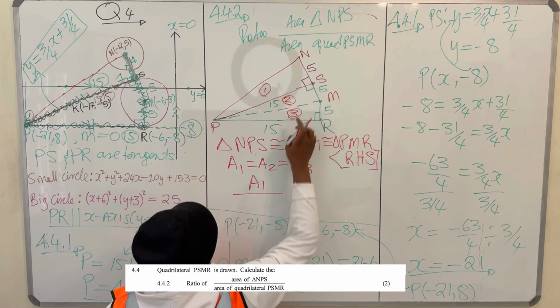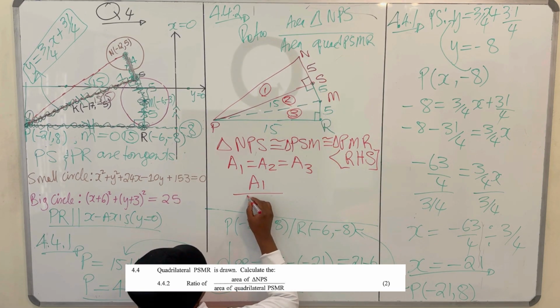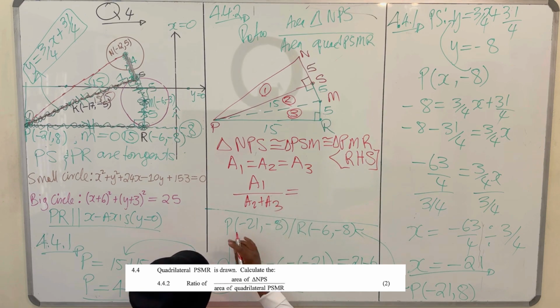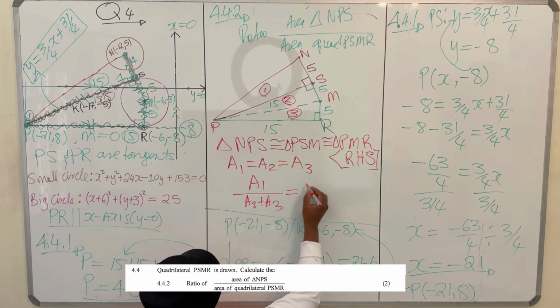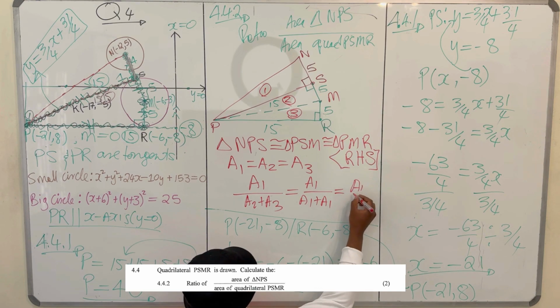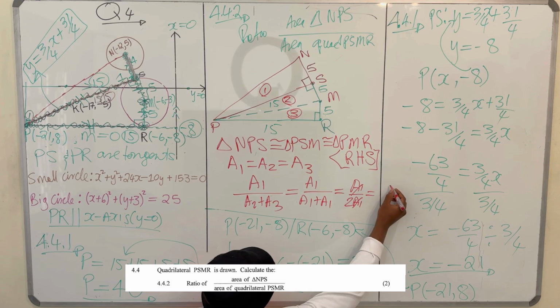The quadrilateral is these two, area 2 plus area 3. All these things are equal, so you can just say A1 over A1 plus A1. All of them are the same. So what you have is A1 over 2A1. This and that go away. You have 1 over 2.